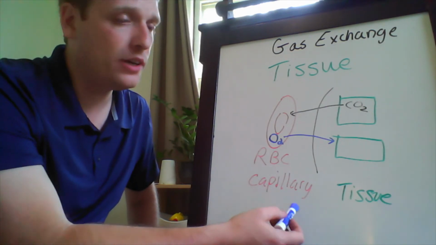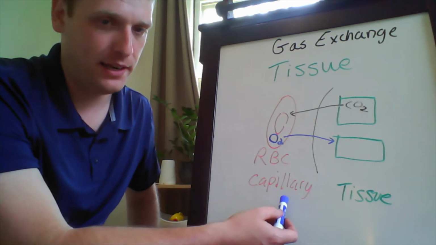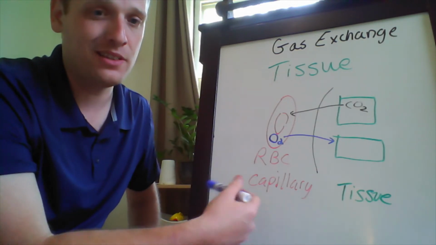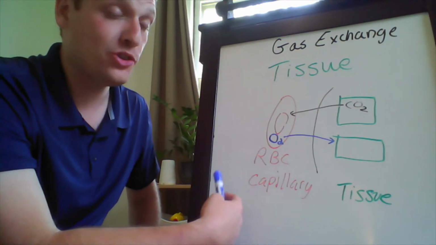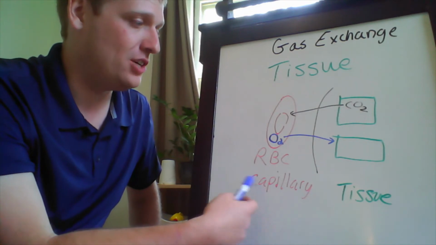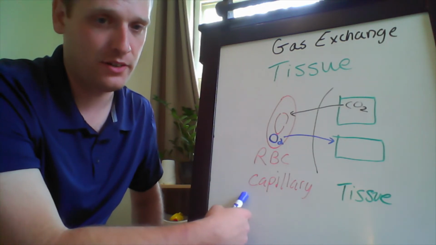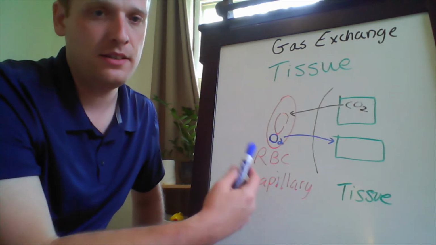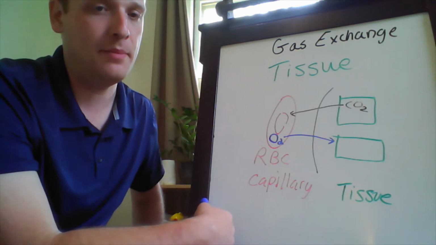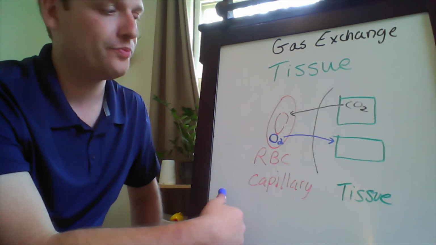So if you look at the structure of a capillary bed, it looks kind of like a spider web. There's lots and lots of surface area for that exchange of gases, and that increase in surface area increases the amount of exchange between those capillaries and the tissue.